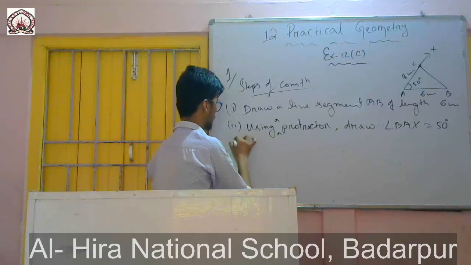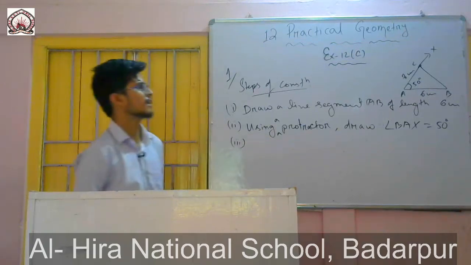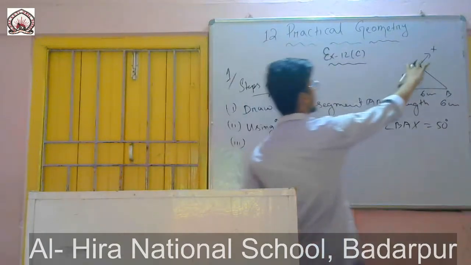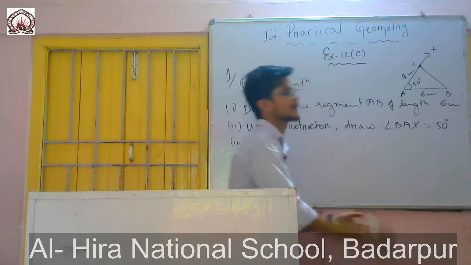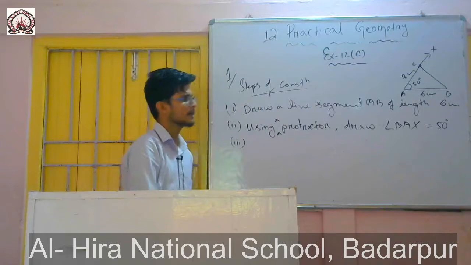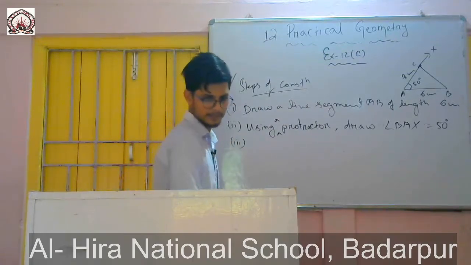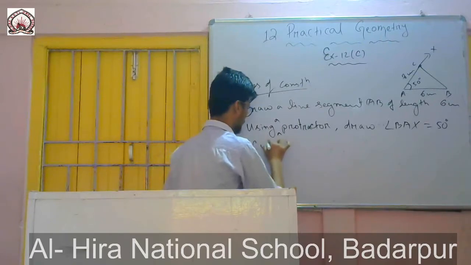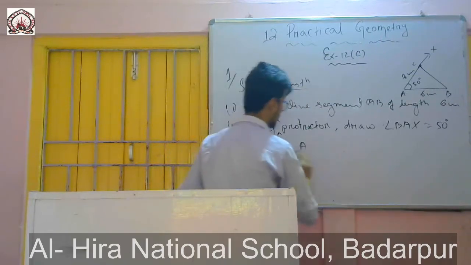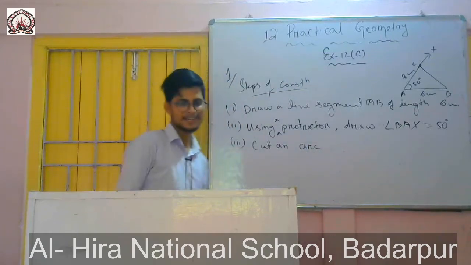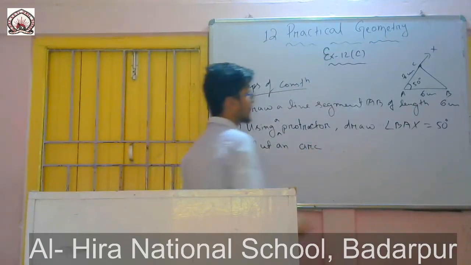Now third step it is. So after drawing that angle, what we did, we measured AC. AC was equal to 8 centimeter, and we gave an arc like this. So cut an arc on AX.